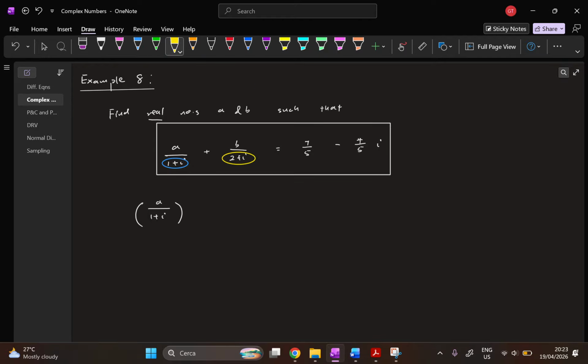Okay, now what is the conjugate of 1 plus i? It is 1 minus i. Settled. That's one term. Next, my denominator is 2 plus i, right? What is the conjugate of 2 plus i? It's just 2 minus i. And then the right hand side is unchanged.